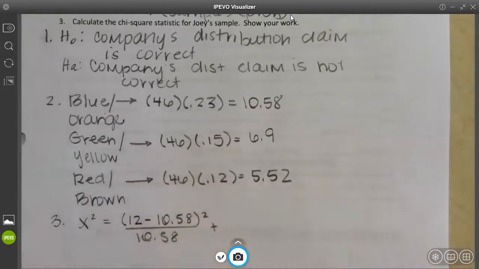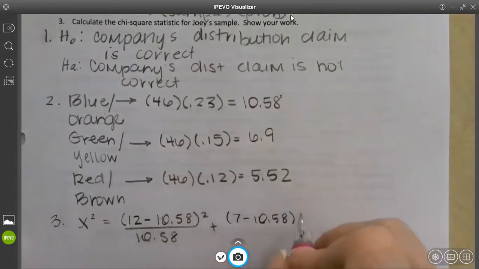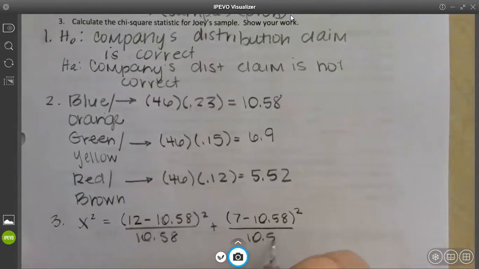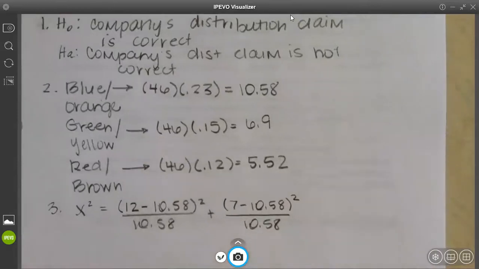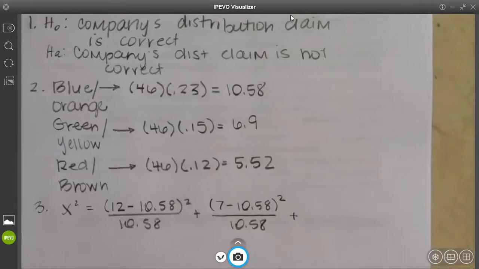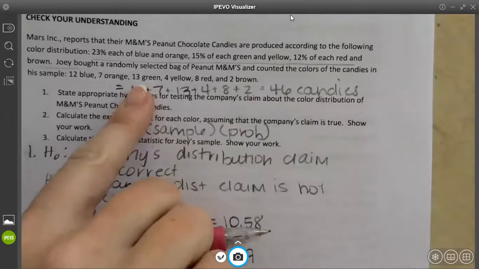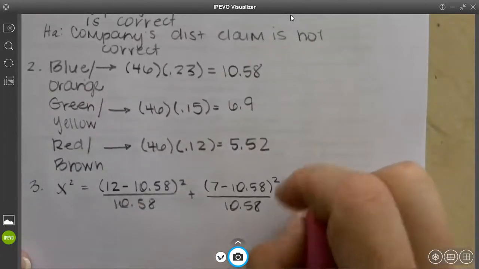The next one is going to kind of look the same, except we're doing orange, and it said there were only 7 oranges. So we observed 7 in the sample. We were expected to get 10.58. And then we square that over 10.58. Green. In the sample, we got 13 green.